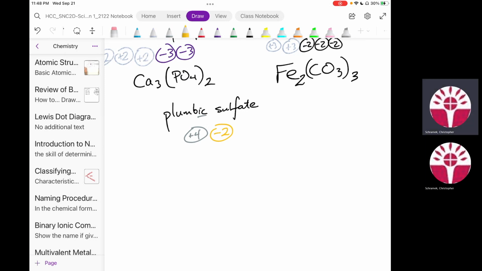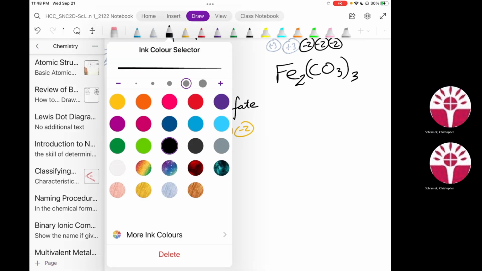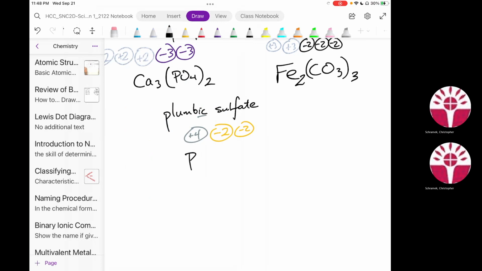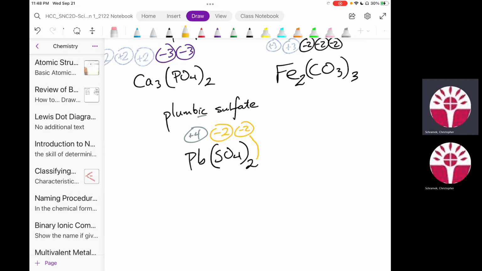So that tells us that we need to get 2 sulfates to match up with that plumbic one. So Pb SO4 2, 1, 2. And I did draw them simply just to save time in my little lesson here.